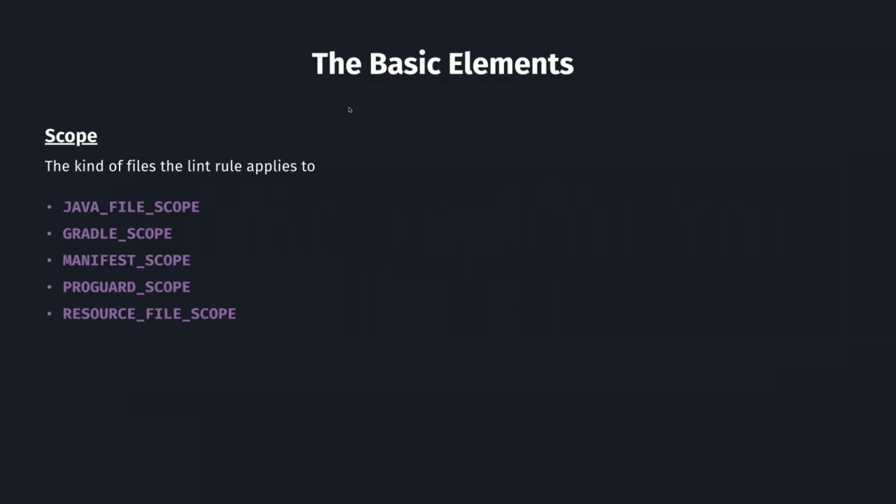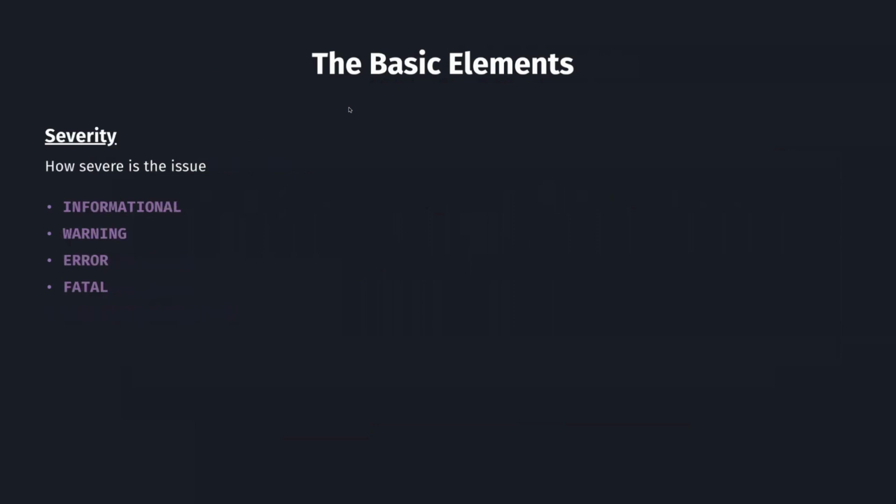Going through the names, you can see that they are pretty self-explanatory, and this is on purpose. An interesting thing to note here is that the Java file scope is also applicable on Kotlin file scopes. And this is because both Java and Kotlin inherit from a universal abstract syntax tree, and the Java file scope works on that syntax tree, and hence it is applicable on both the language formats.